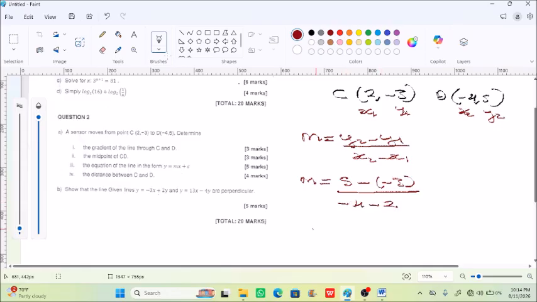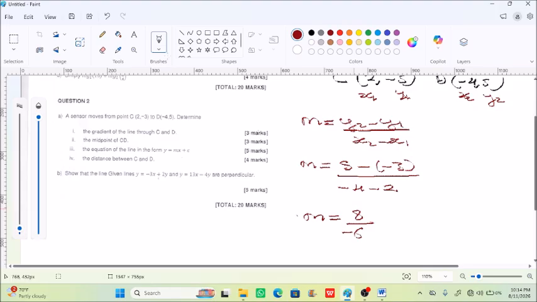So our gradient is equal to 5 minus negative 3. Negative times negative becomes positive, so 5 plus 3, that is 8, over negative 4 minus 2, that is negative 6. If you have a negative and a negative, you add and take the sign of the bigger number. So 4 plus 2 is 6, and 4 is bigger than 2, and 4 is carrying the negative.